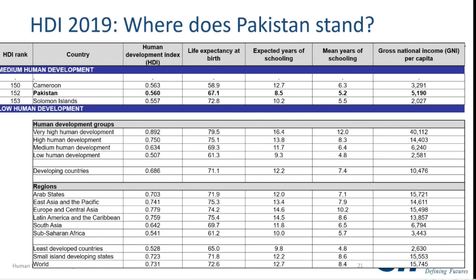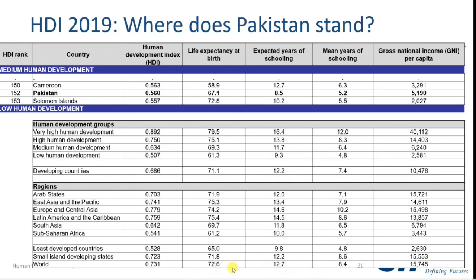So this is not a very good picture for Pakistan. Okay, of course, on average, because the average for the world includes many developed countries, highly developed countries, high income countries.